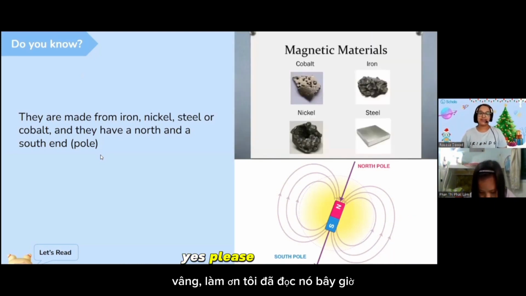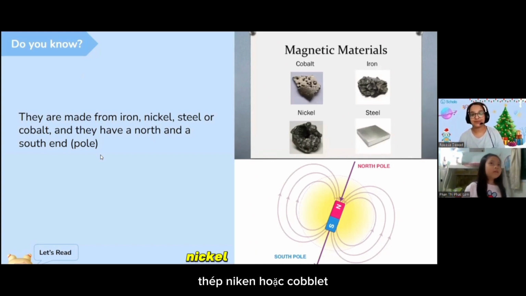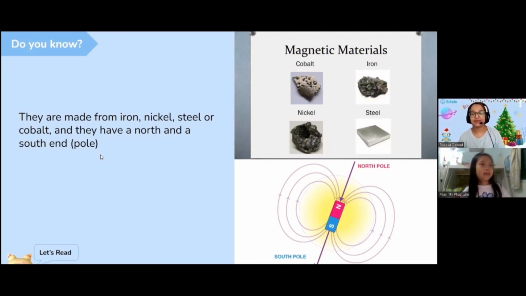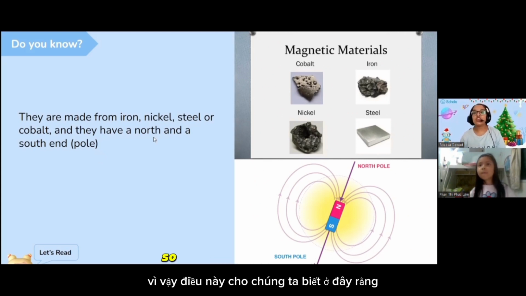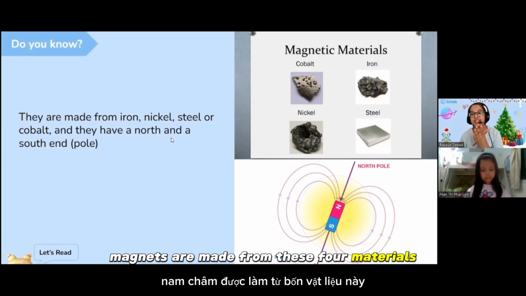Just fine. I'll read it now. They're made from iron, nickel, steel, or cobalt, and they have a north and a south pole. Very good. Okay. So this tells us over here that magnets are made from these four materials.